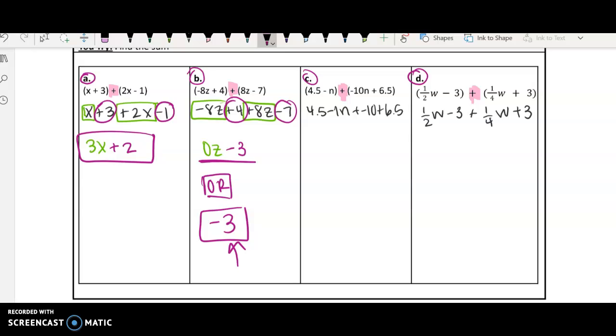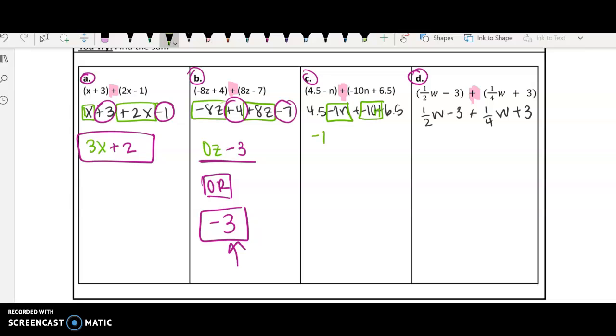All right, this one, we have negative 1n. Oops, this had an n on it, I just didn't write it. Negative 1n plus negative 10n. Negative team had 1, had 10 more.